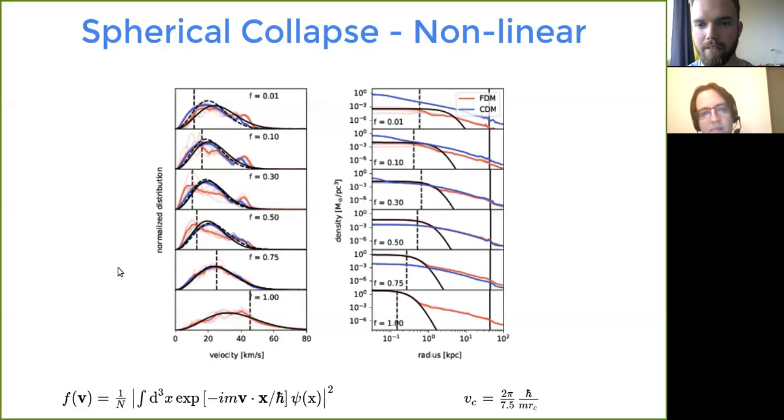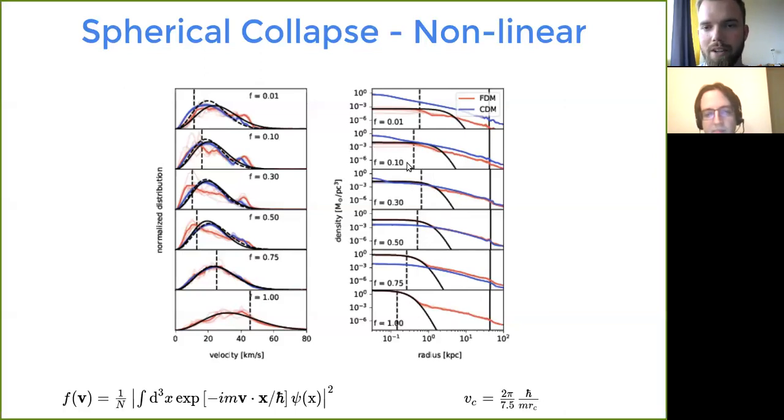And then finally, the other interesting thing here is that for a lot of fuzzy dark matter, we again find ground state soliton solutions in the center, here characterized by the black solid profiles. You can see they perfectly fit to the fuzzy dark matter inner profiles, but only for sufficiently much fuzzy dark matter.